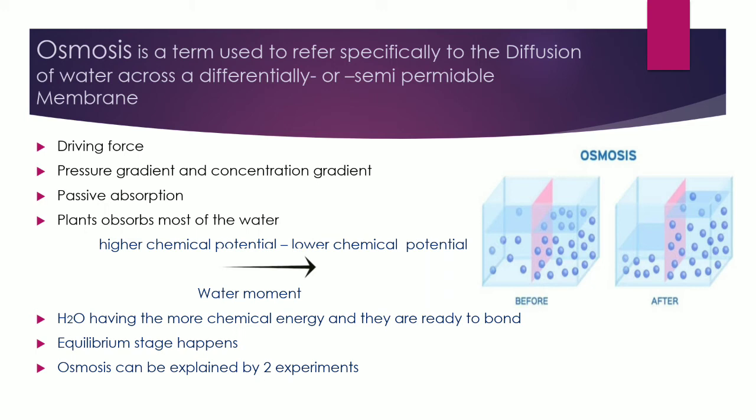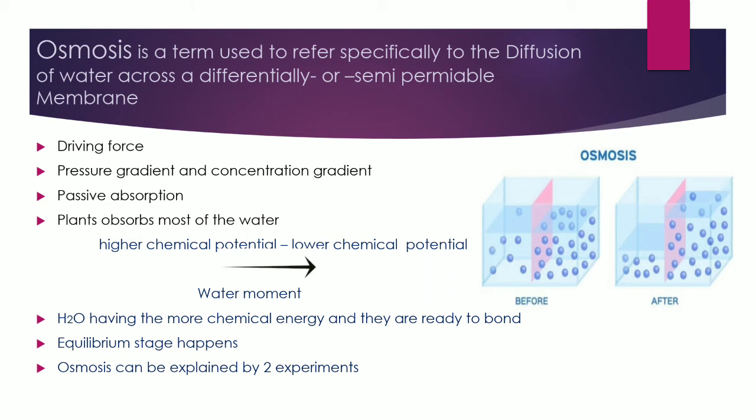It means the one with more chemical nature, that is, pure H2O. We have to know that our drinking water is not pure water. It has some minerals in it. The pure H2O has more bonding nature, having more chemical potential.